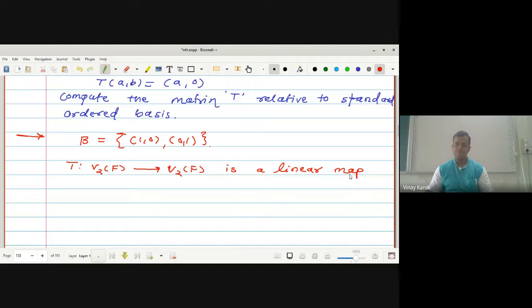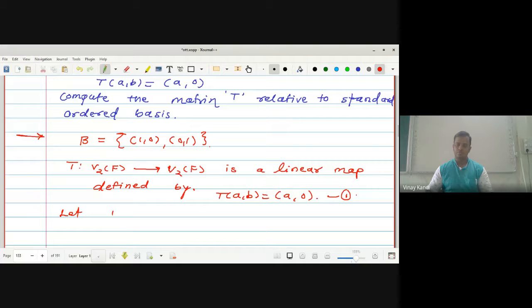The linear map defined by T of (a, b) is equal to (a, 0). First coordinate as it is, second coordinate transformed to 0. Okay, give it as equation number 1.